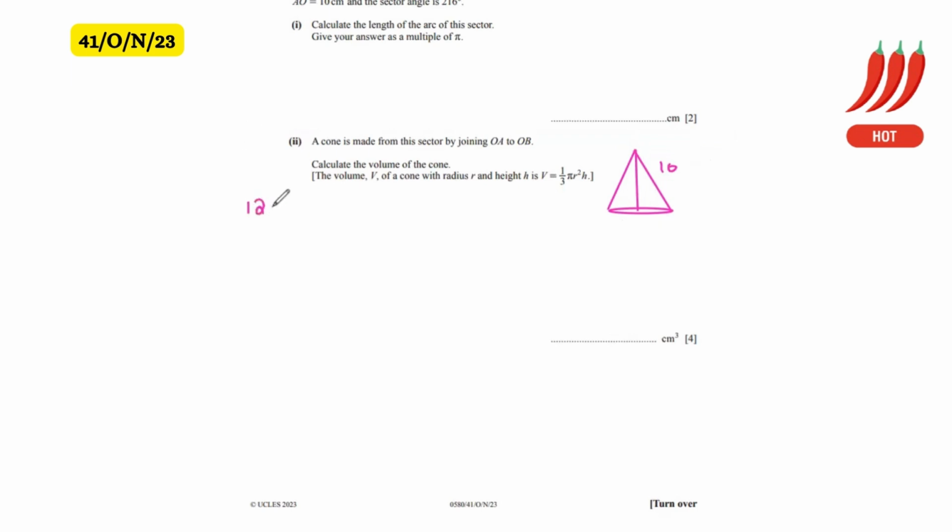So 12 pi equals 2 pi r. So 6 equals the radius. So this is 6 centimeters. So we can easily find the height using Pythagoras. 10 squared minus 6 squared equals 8 squared. So that's the square root of 100 minus 36, which is going to be 8 centimeters.